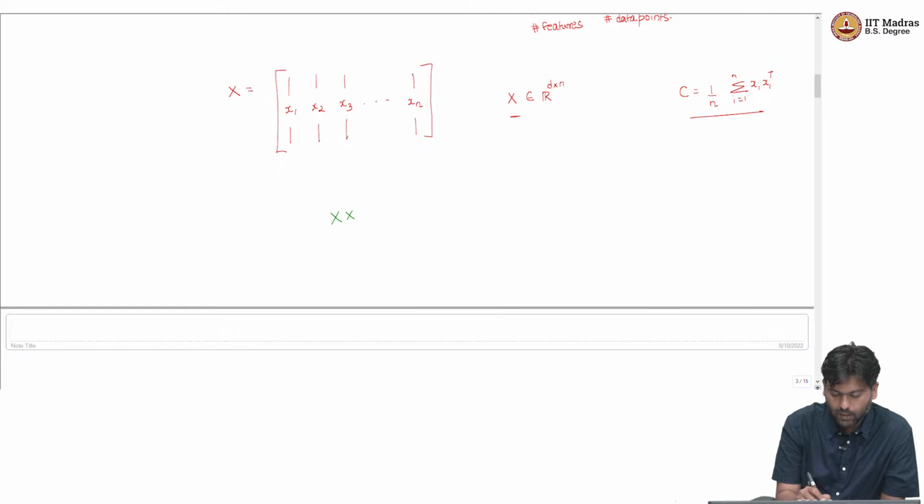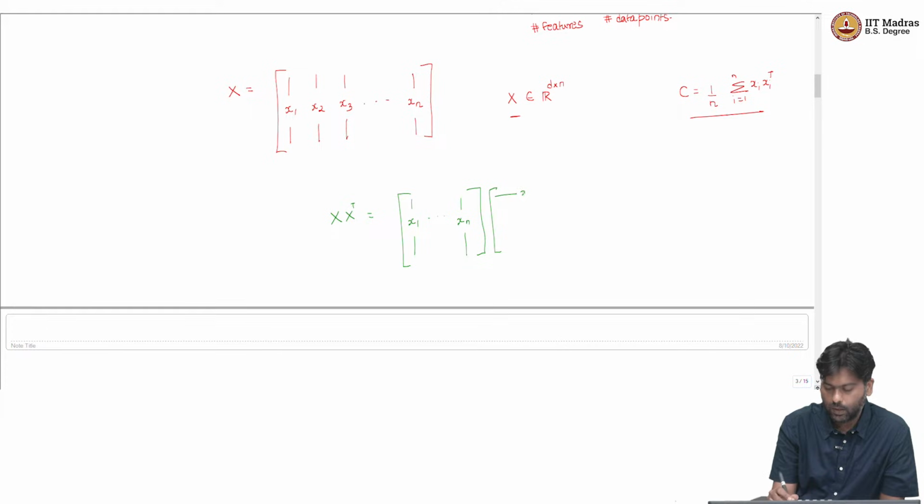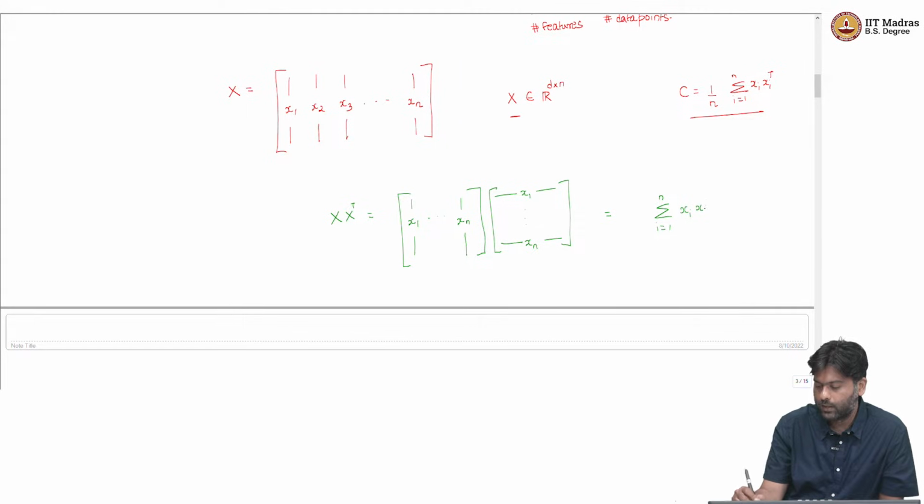So, if you look at X X transpose now, which means that you are taking a D cross n matrix and multiplying it with an n cross D matrix, which is the transpose of the data matrix, where the data points are all rows now. Now, this is exactly sum over i equals 1 to n xi xi transpose. Perhaps you are already seeing why this is the case. If not, try to show this as an exercise.